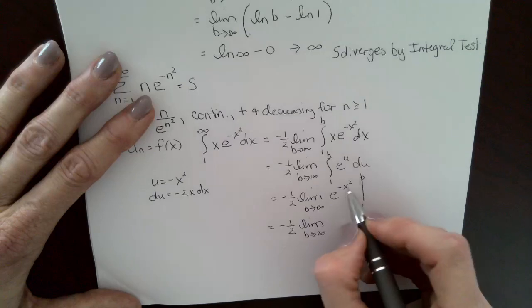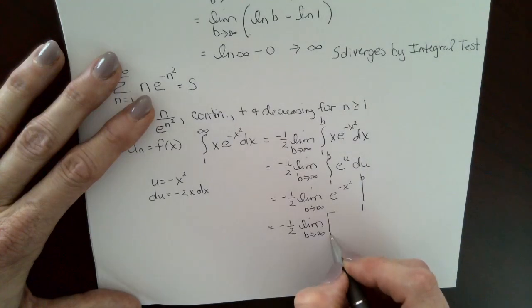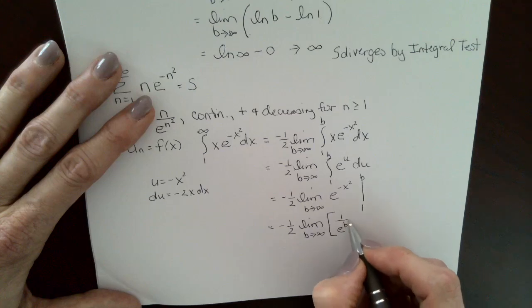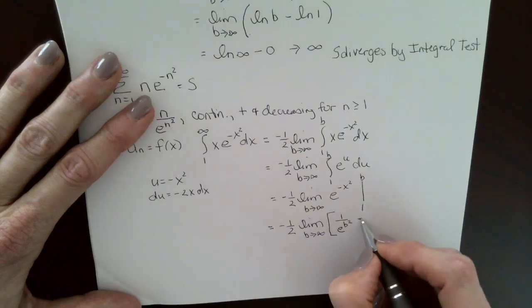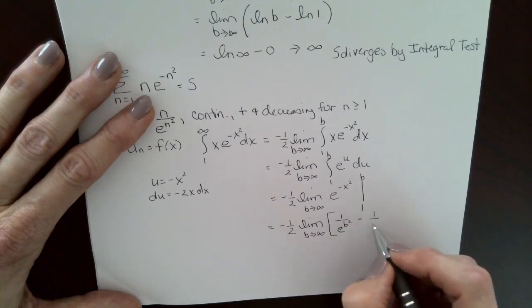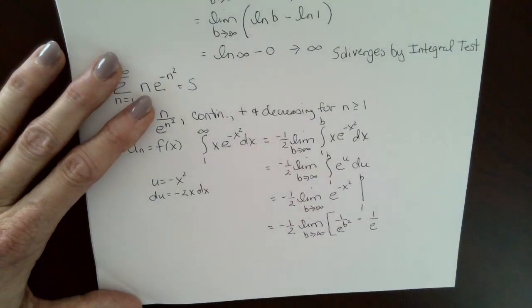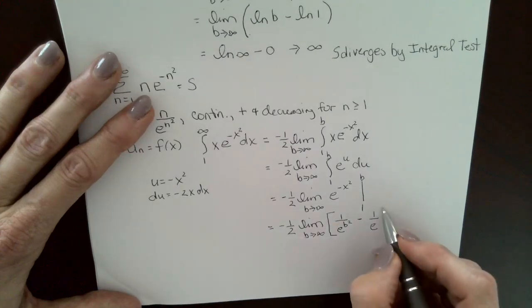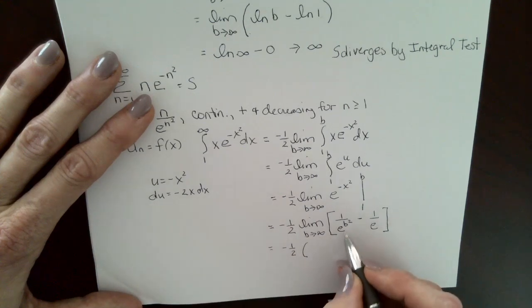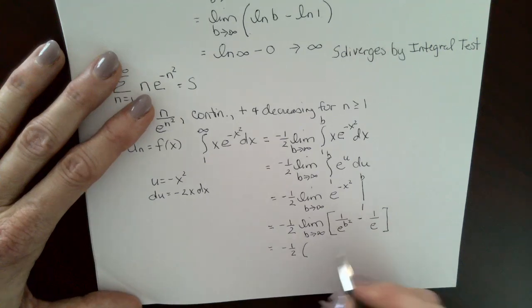So I'm going to put a b in for that x, but I'm going to rewrite it as 1 over e to the b squared minus 1 over e to the first power. So it is negative 1/2 times what? What is this as b goes to infinity? 0, minus 1 over e.